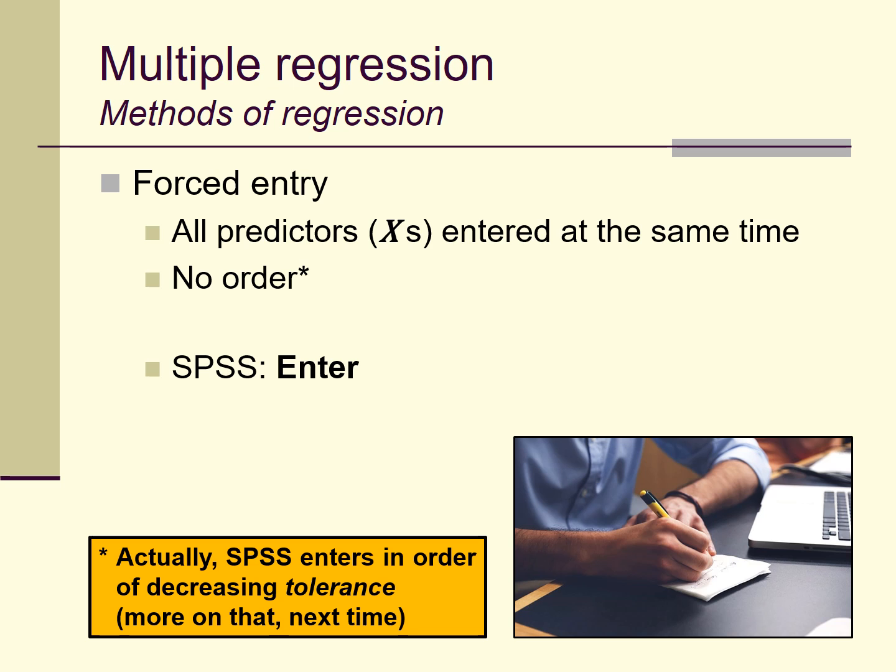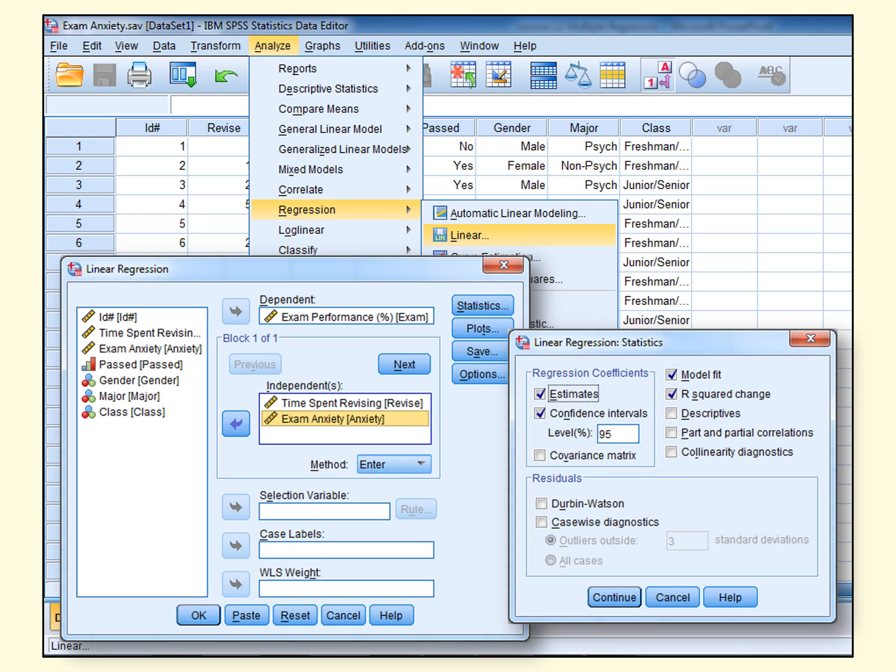In SPSS, this is called enter, or at least that's the name of the option that you select in the regression module. So if we're working with our example here from Andy Field's textbook, we're still in the regression module: analyze, regression, linear. We're not changing anything, because the default for method, which you can see in the center with the pull down, is enter. If it's not enter, just adjust the pull down menu so it is set to enter.